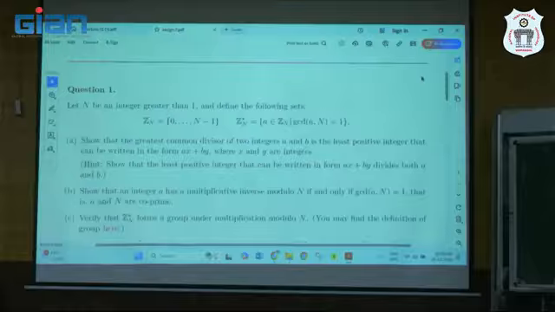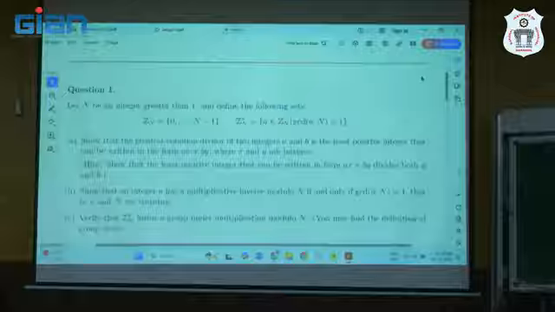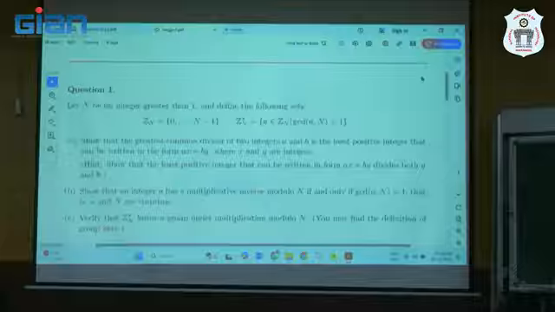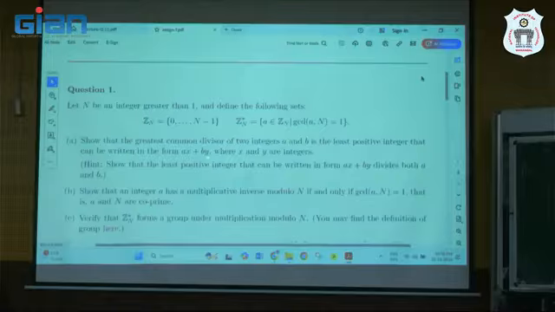Okay. Firstly, let's try to argue that GCD divides this number. Look, GCD divides a, GCD divides b. So GCD divides both of ax plus by, correct? Yes or no?